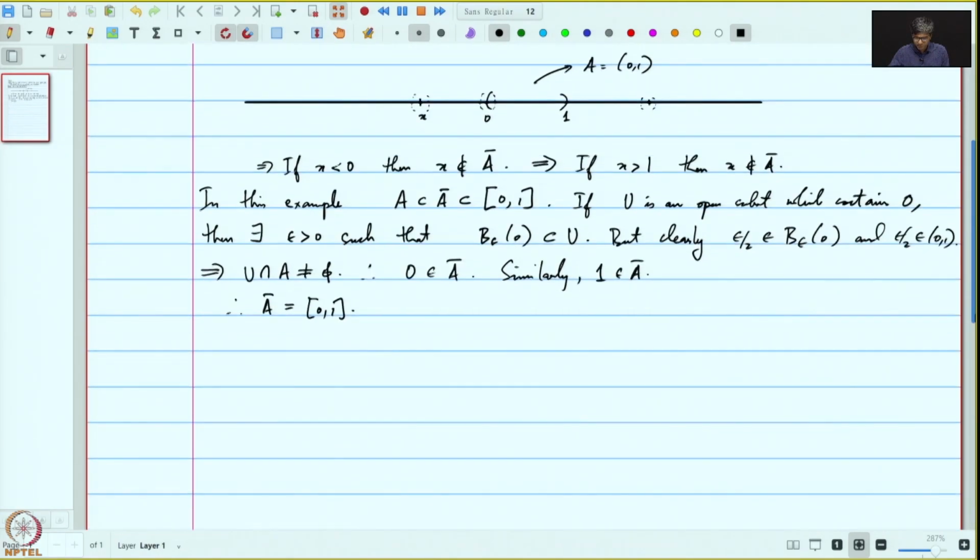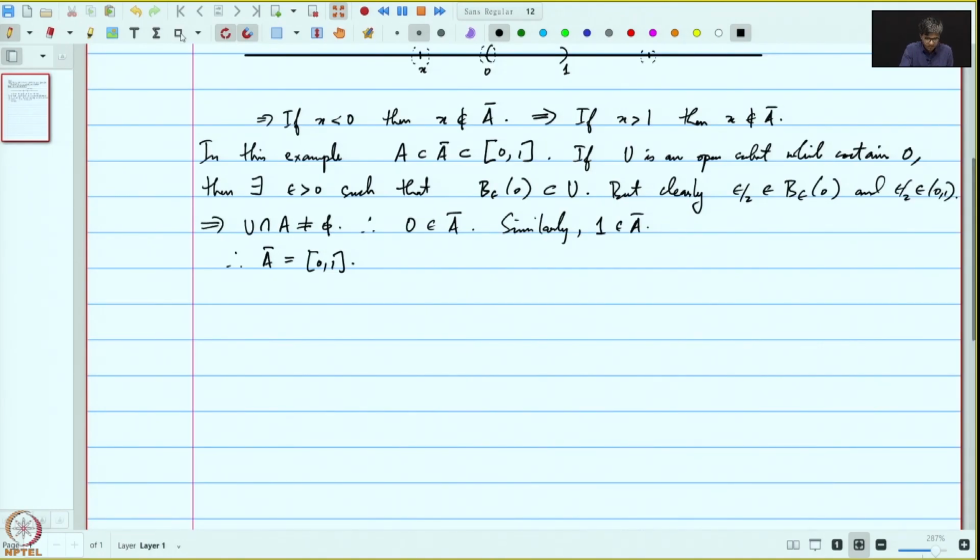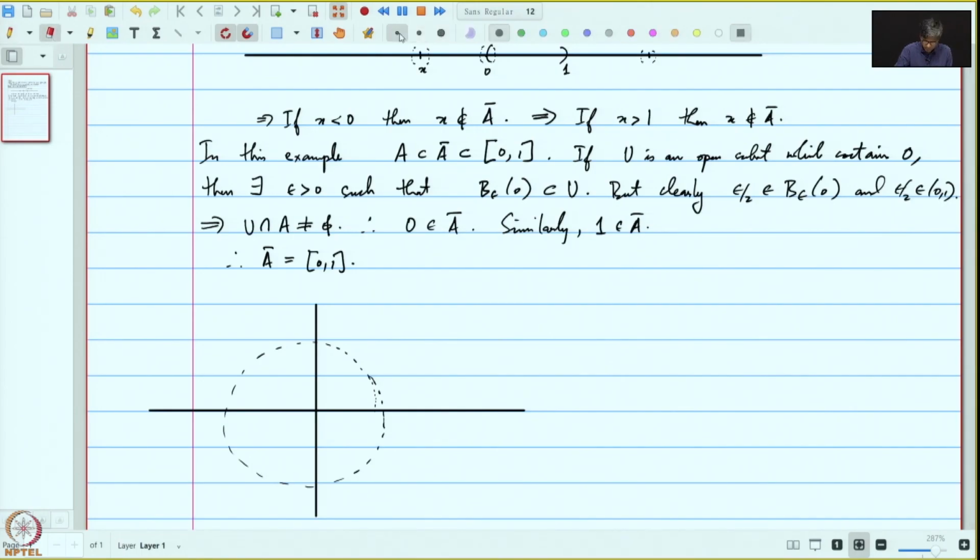We can give a slightly more complicated example. So let's give an example in R2. So we can take this region, A is equal to those x comma y in R2 such that x square plus y square is strictly less than 1.